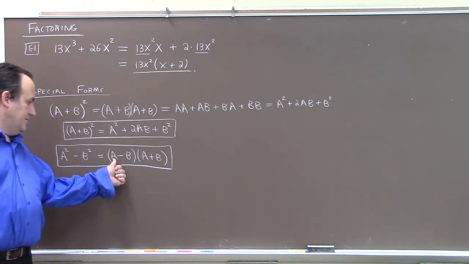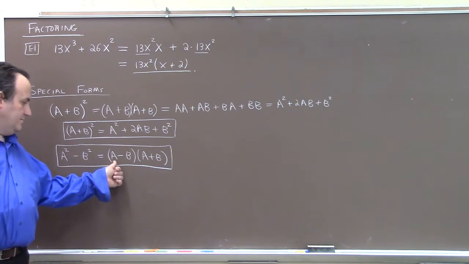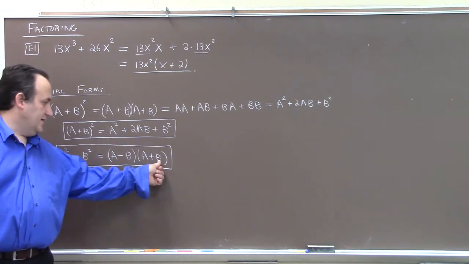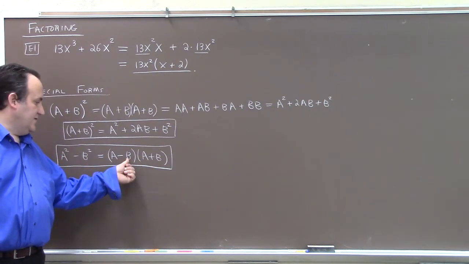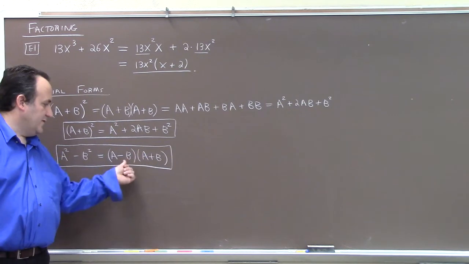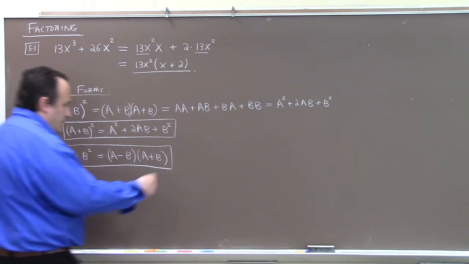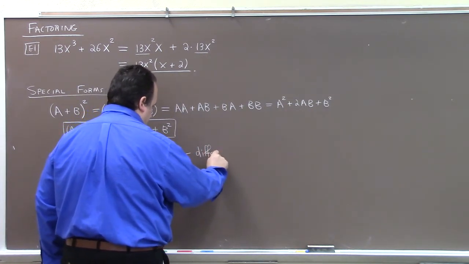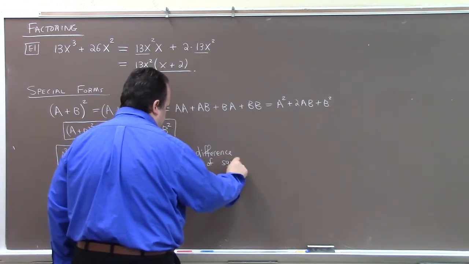We get what? A times a is a squared. And then we get plus ab, but we also get minus ba. But ab minus ba is 0. And then we still get the b times minus b term, which gives me minus b squared. So this we refer to as difference of squares.